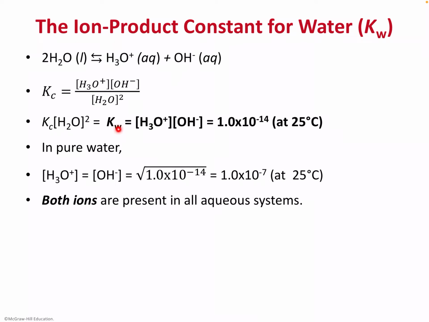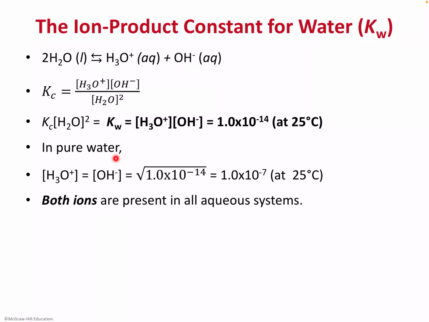Meaning Kw now equals the concentration of hydronium ion times the concentration of hydroxide ion. Experimentally, this ion product constant for water has a constant value, which is 1 × 10^-14 at 25 degrees Celsius. Okay, so this is a known constant.